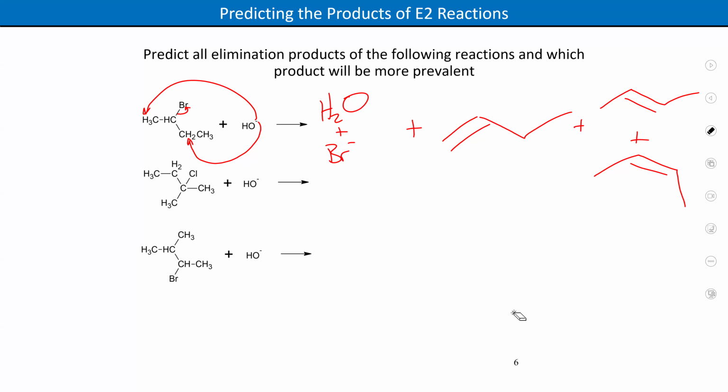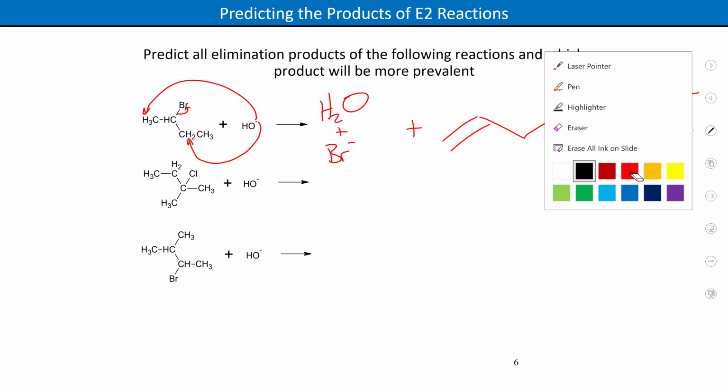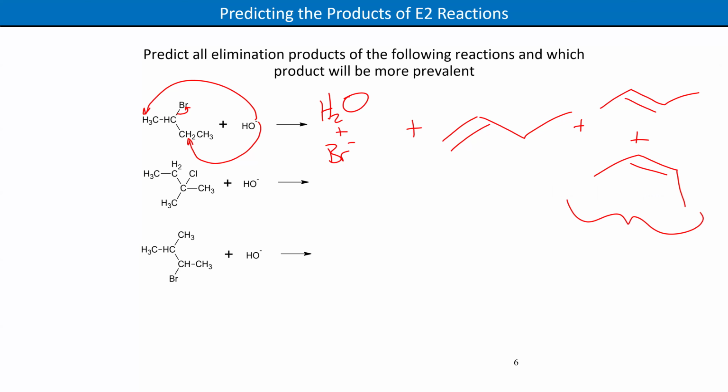So which of these options is the most substituted? The most substituted would mean what exactly? More carbons around the alkene, just like a tertiary carbon is more substituted than secondary. So more substituted in this case means we're gonna favor these two.